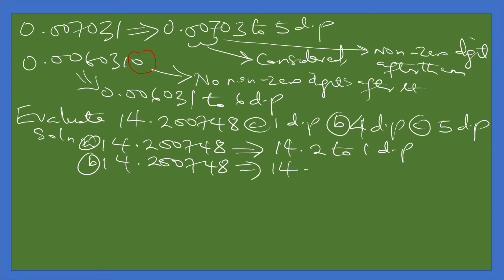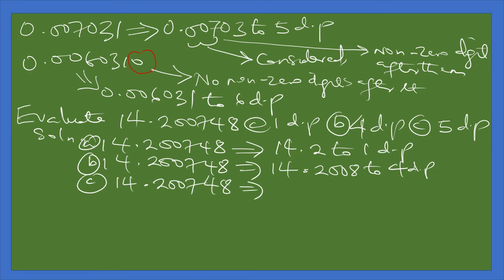Let's say to 4 decimal places. It will now be 14.2007 to 4 decimal places. Now for the last one, the C, they said to 5 decimal places. The answer is going to be what? 14.20075 to 5 decimal places.